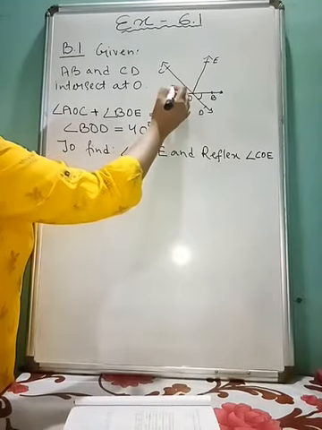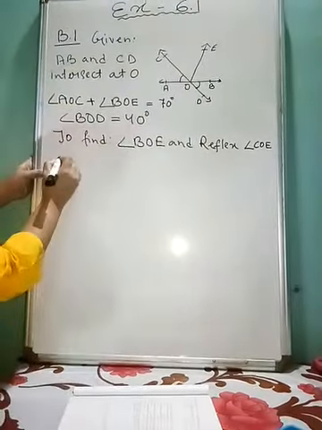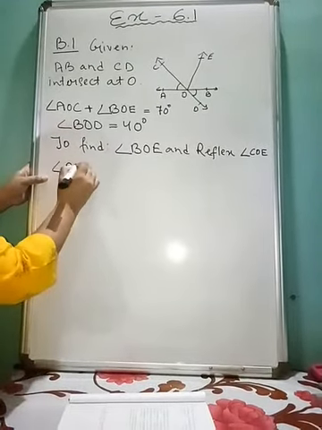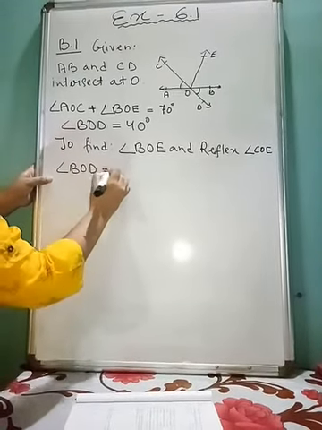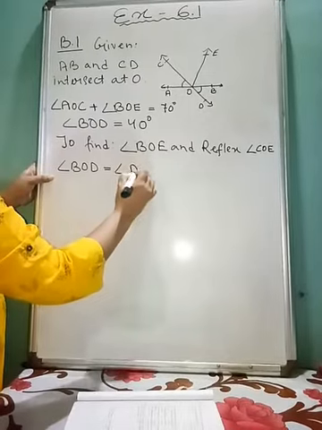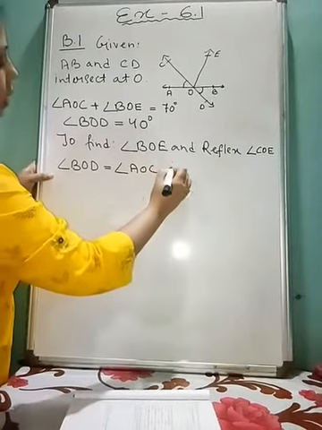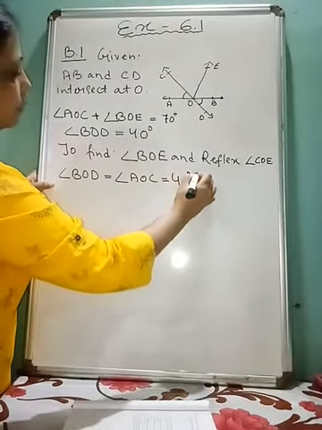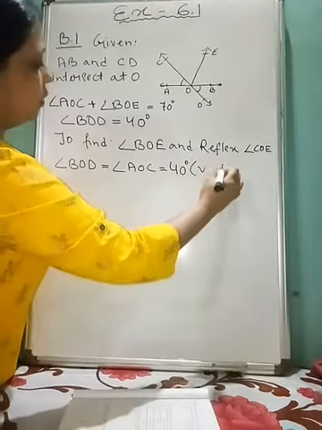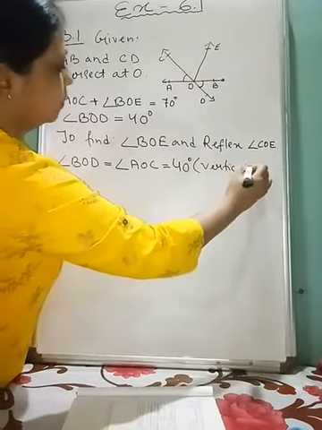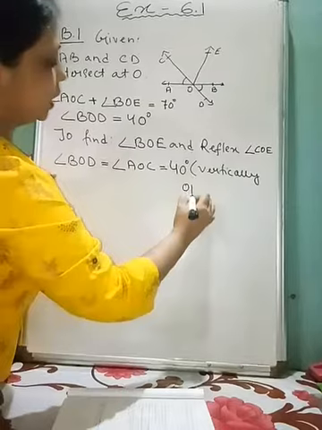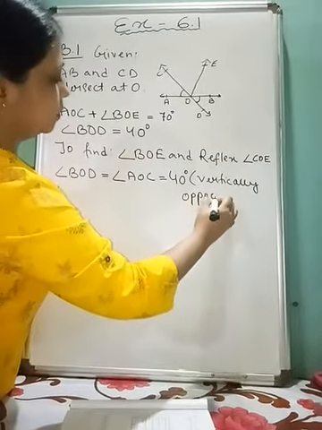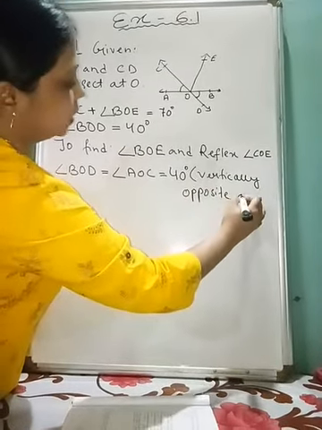So this is 40, this will also be 40. We will write here angle BOD is equal to angle AOC is equal to 40 degree because they are vertically opposite angles.